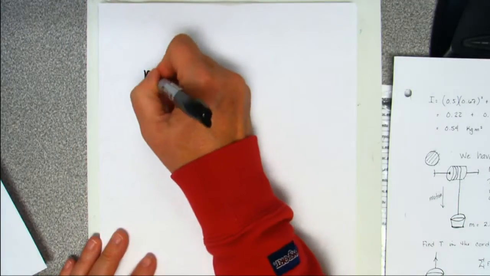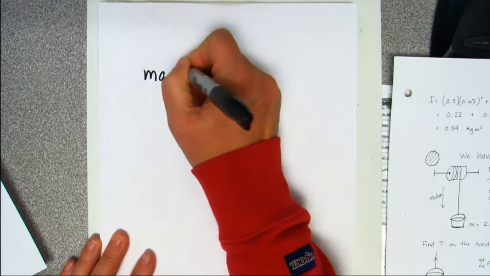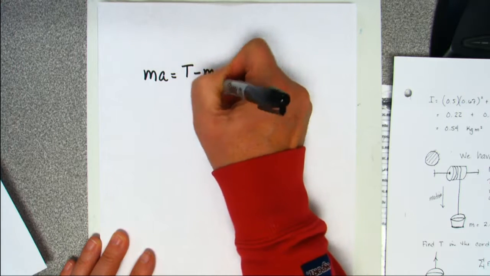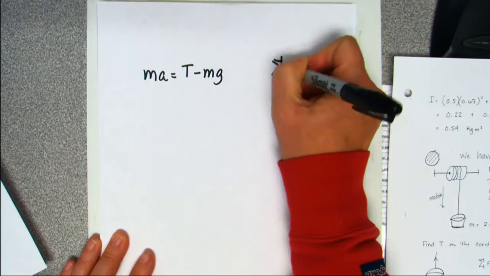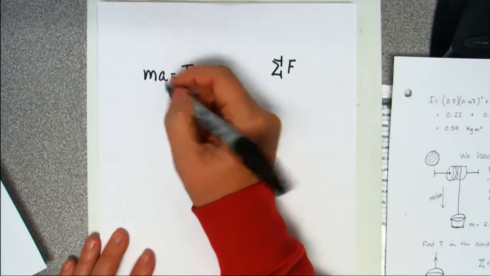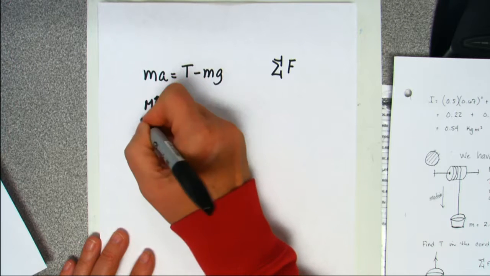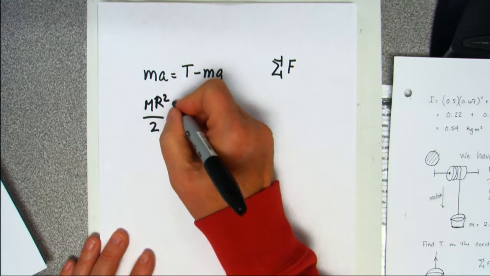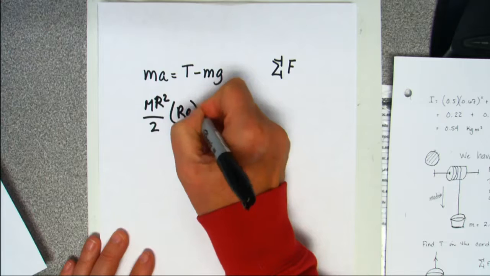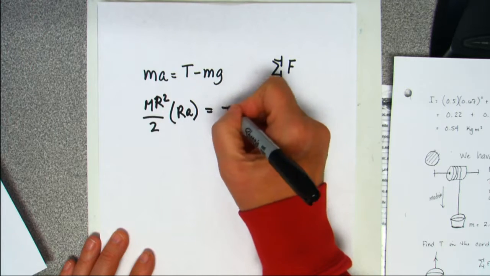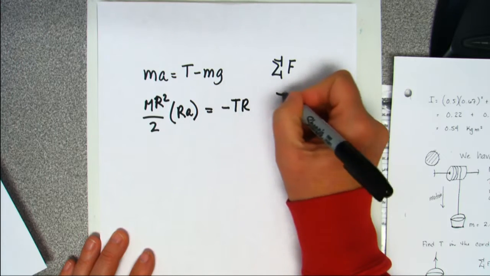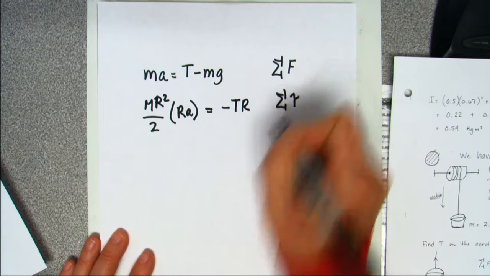I get ma is equal to T minus mg. This comes from my summation of forces. I get mr squared over 2, a over R for my alpha is equal to minus TR, and this comes from my summation of torques.